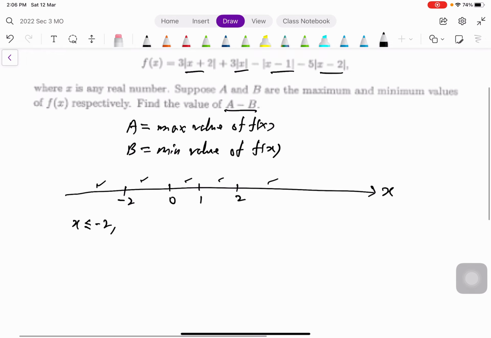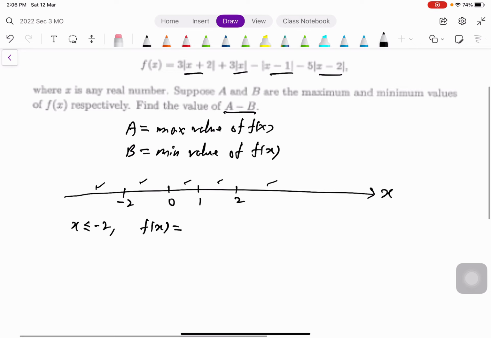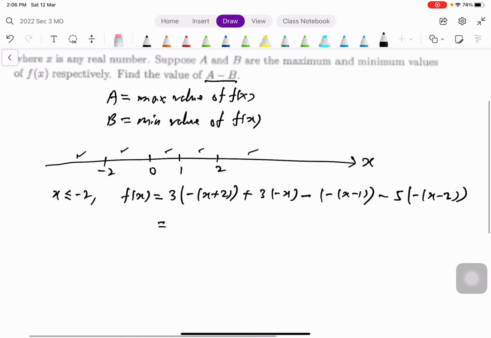Then can you see that our objective is to remove the absolute value sign? To remove the absolute value, you will simply get negative x plus 2, and then this is plus 3, and then this is negative x, and then minus negative x minus 1, and the last one is 5, and then this is negative x minus 2. I think you can simplify yourself.